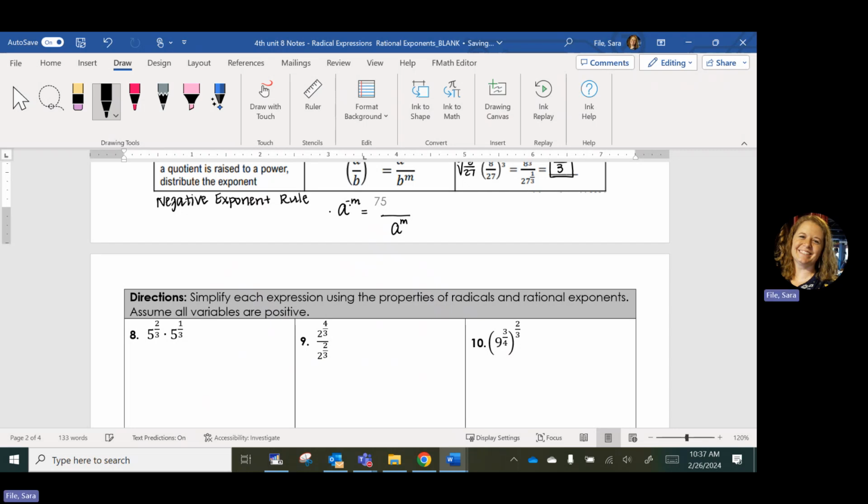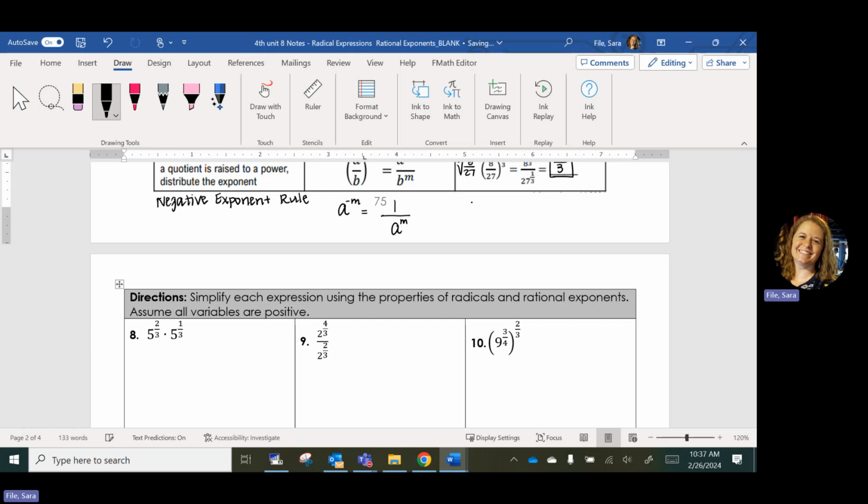Is there anything in front of this a, any coefficient here? It'd be an understood 1, so that would just be 1 over a to the m. And it works in reverse. If you have a negative exponent in the denominator, you can move it to the numerator and change it to positive. So you just have to move where that term is in the fraction to change the exponent from positive to negative. So we're going to look at an example as well.